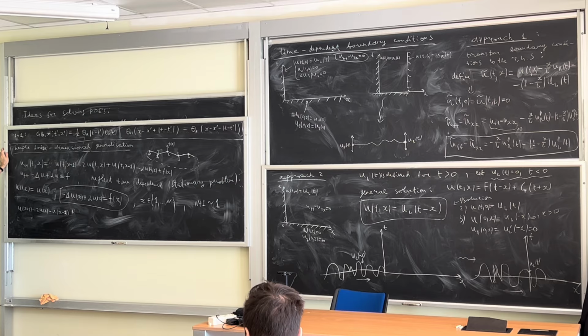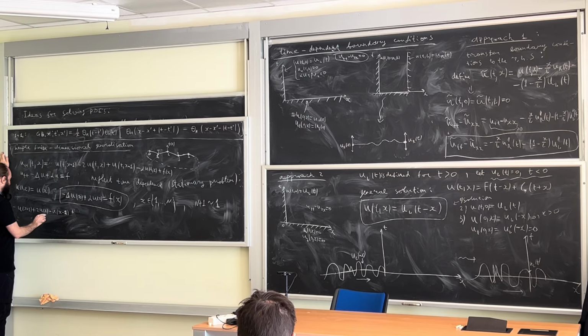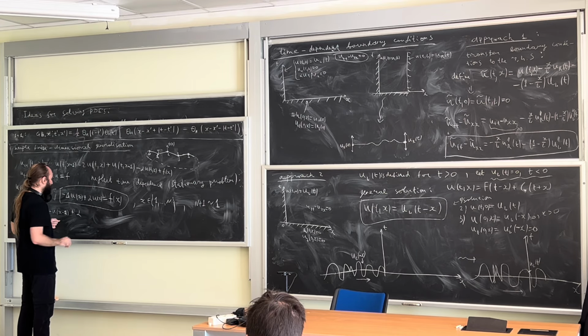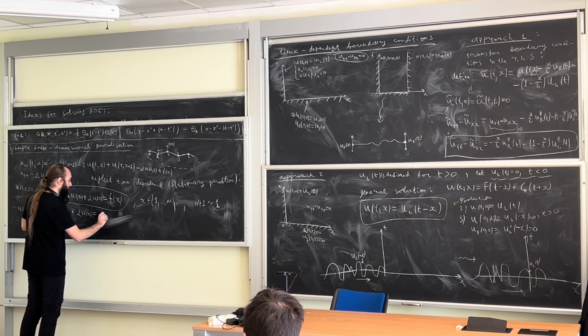And yes, this Laplacian is with minus signs, so it should be minus u, plus 2 u, minus u, like this. So plus alpha u of x equals f of x.